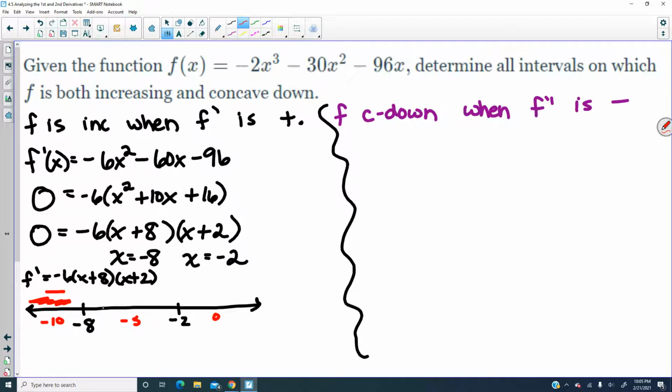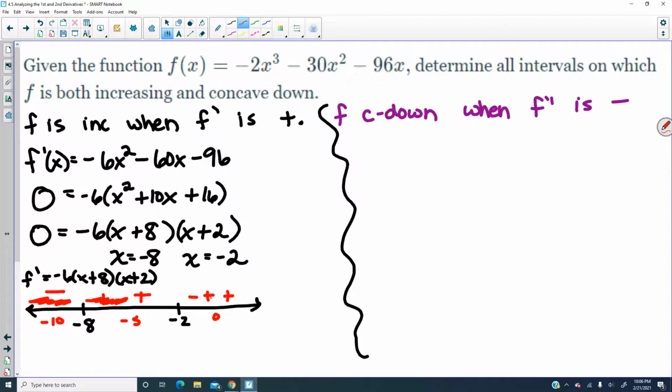All right, and then if I substitute in negative 5, negative 6 is negative. Negative 5 plus 8 is positive. Negative 5 plus 2 is negative. Negative times negative is positive. And then if I substitute in 0, I'll have a negative times a positive. 0 plus 8 is positive. 0 plus 2 is positive.